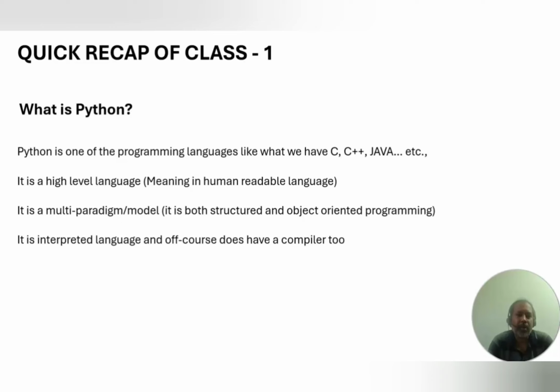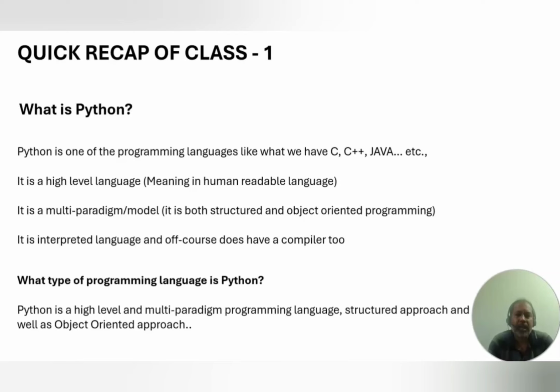Coming to the model, it's a multi-paradigm model, meaning it supports both the structured and object-oriented programming approach. And it is moreover an interpreted language, and of course, it has a compiler too. I have added details about compiler and interpreter in this video.